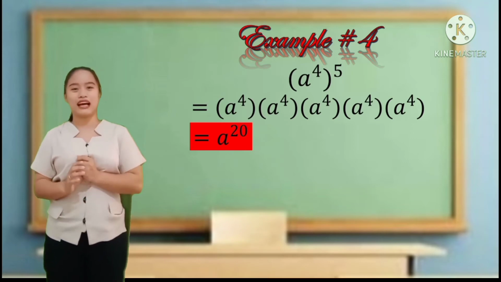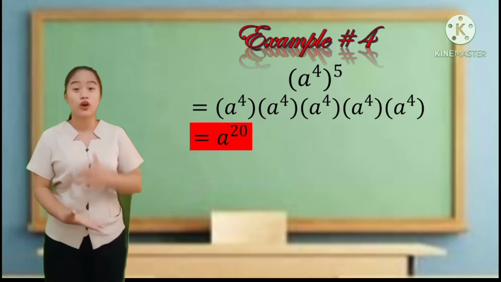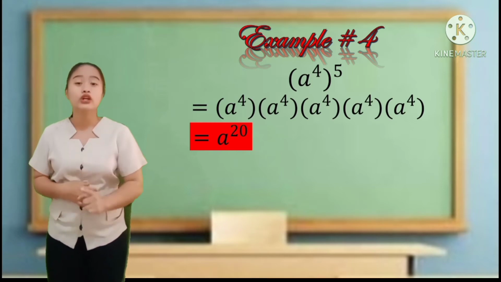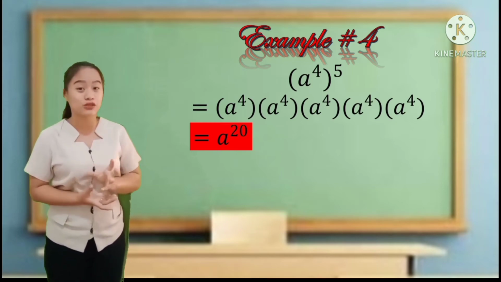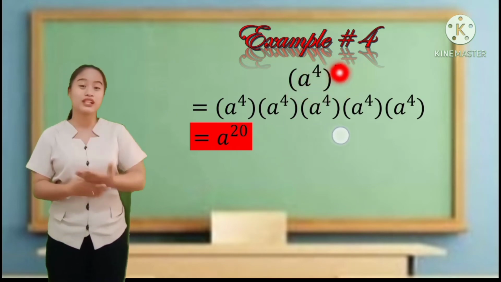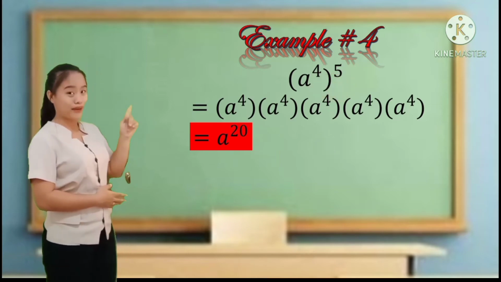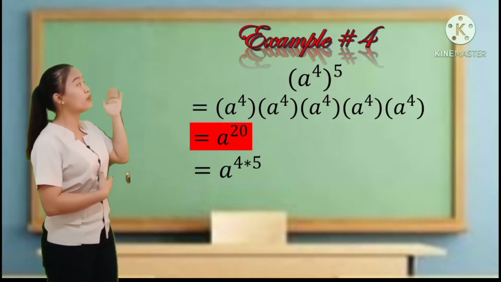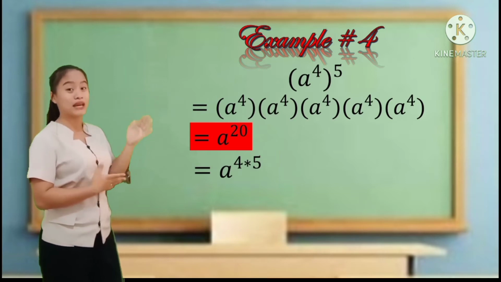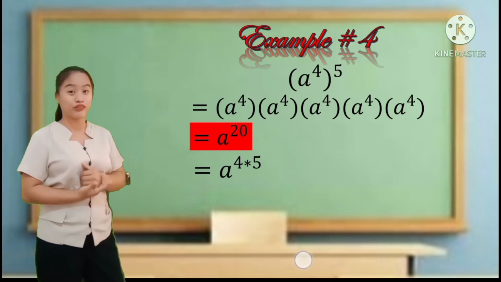Exactly, Mr. Pineda. You just need to multiply the exponent of a, which is 4, by the outer exponent, which is 5. So you will just multiply 4 by 5. That's how you solve this problem more easily than using the expanded form.